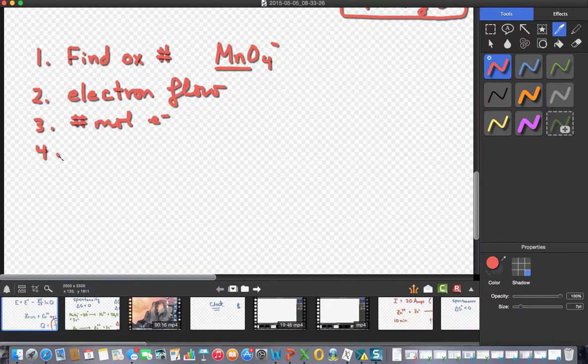Number 4, what criteria have to be met when you balance a redox equation? So we'll put balancing.